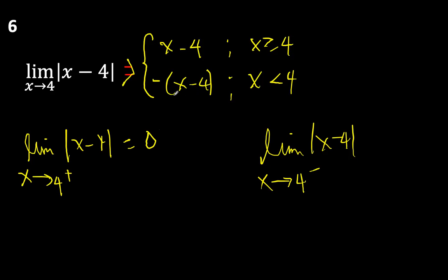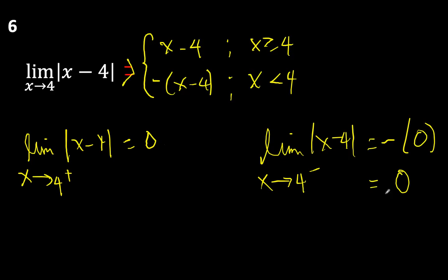What is the trend of the values when we substitute the values of x here? Of course, we will be using this subfunction. The value approaches 0, and since there's a negative, negative times 0 is 0. So the limit of this function is still 0.